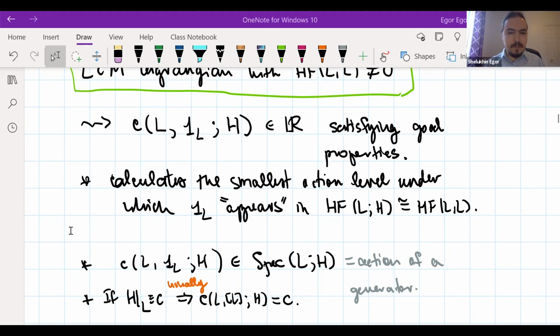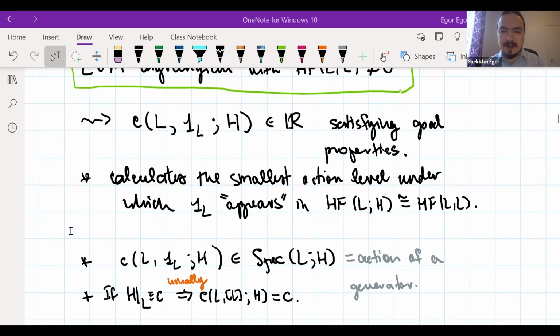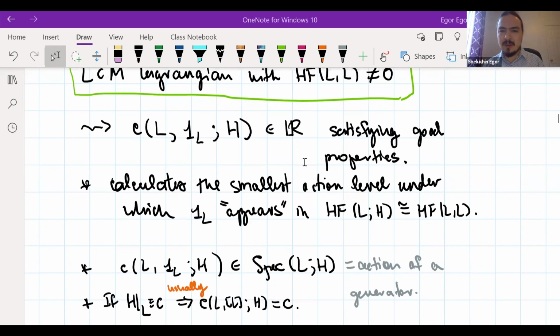Second of all, it's called the spectral invariant because actually it's not only in the reals, but in fact in the spectrum of H relative to L. So it's an action of a generator. It's a symplectic action of a chord from L to itself with a capping, so kind of a contraction to L.